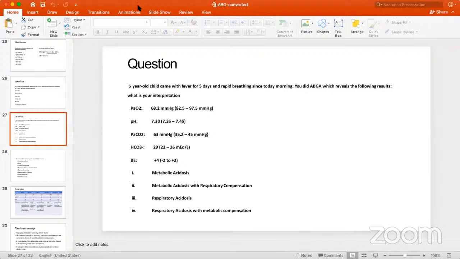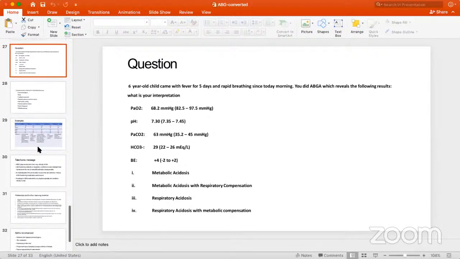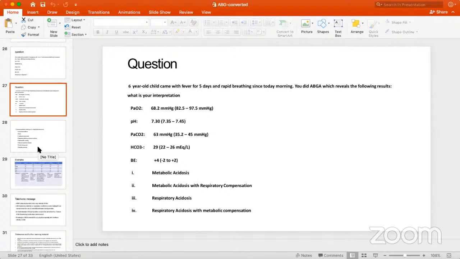There is one more important aspect of the question. This is a very good question asked by Dr. Rajesh Kumar Meena. Another important way to tackle this question: the pH is 7.30, definitely acidotic. PaCO2 is 63.